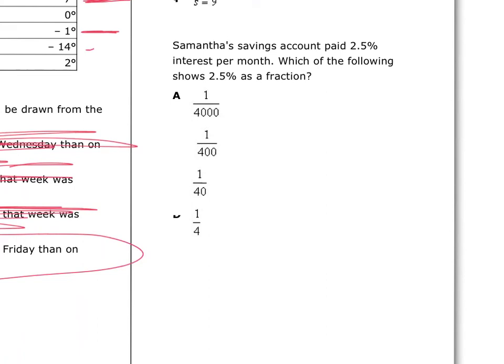This one gets missed quite a bit as well. Samantha's savings account paid 2.5% interest per month. Which of the following shows 2.5% as a fraction? We've got to change it to a decimal, then change that decimal to a fraction. So, first things first, what is 2.5% as a decimal? How do I change percent to decimal?